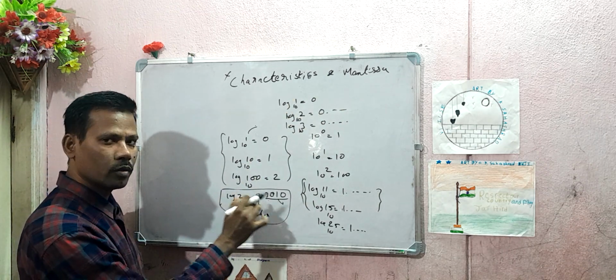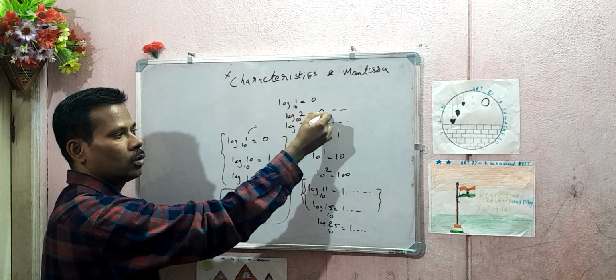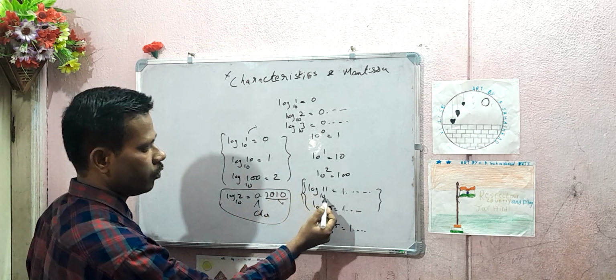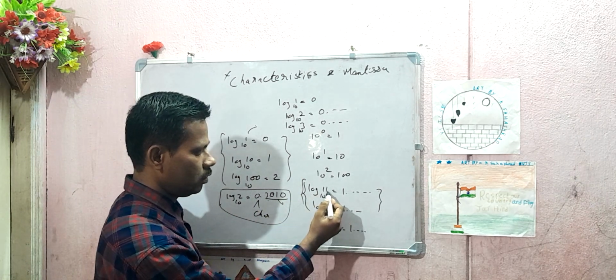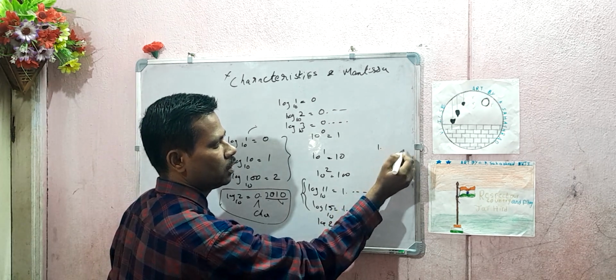If you look at the table, the log 2 value for a single digit number is 0 point something. Next, for log of a 2-digit number like 15 or 25, the value is 1 point something.